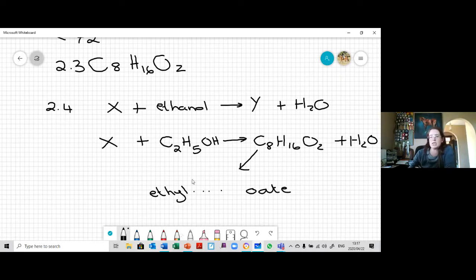Now the question is this thing in the middle. Because at this point in time, we don't know what acid we used. Okay? Now you've got to look here. Ethyl, ethanol, 2 carbons. And so the acid that we add has to have 6 carbons because the ester we get out has 8 carbons.